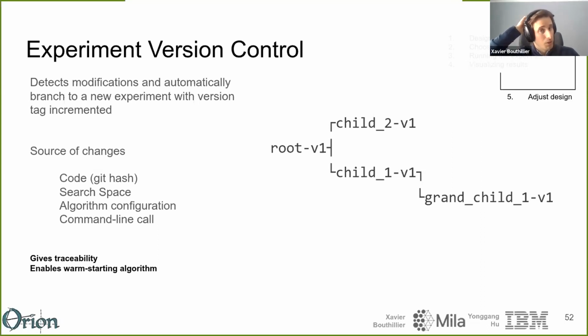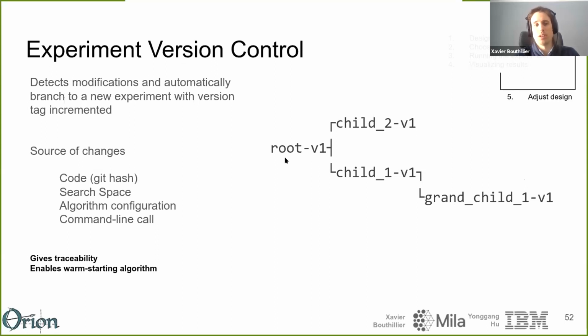And when such a modification is detected, instead of just running the same experiment and now corrupting, let's say, your results with trials that are not run exactly on the same code or not sampled exactly from the same algorithm, Orion will branch the experiment. So it will create a new experiment that we call the child experiment. Here it's represented with this little tree. So let's say we have this root experiment.